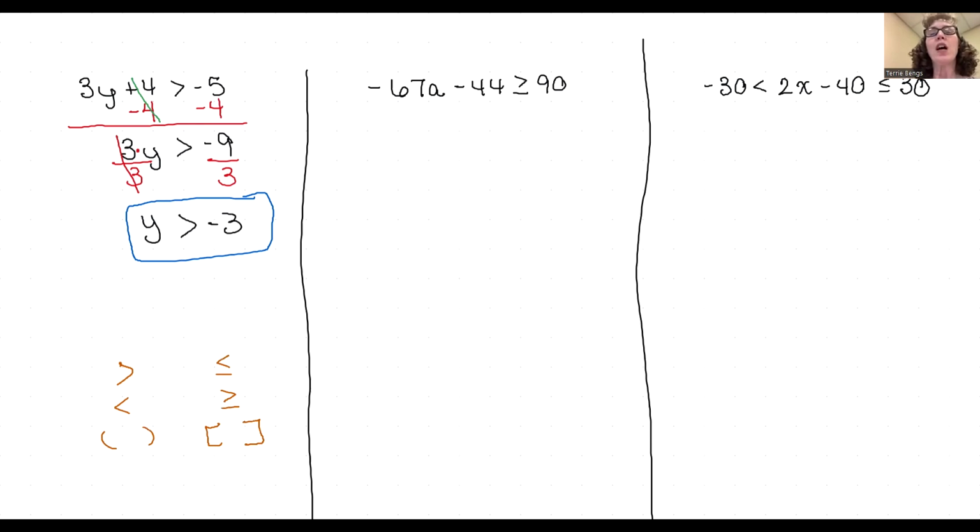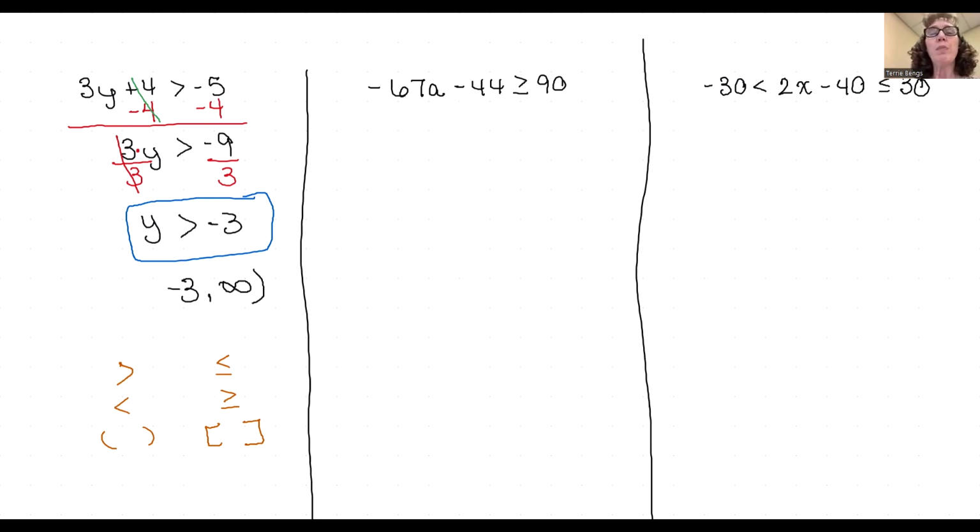We have y is greater than negative 3. So we always write down the number first. So we have a negative 3. And then we look, and this says y is greater than that. So we know that it's going towards positive infinity. So we're going to put our positive infinity on the right-hand side. With an infinity sign, you will always have a parenthesis.